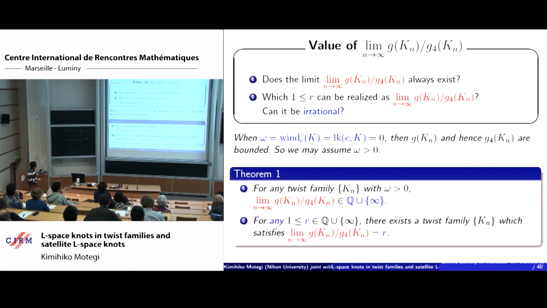And for the second, for any rational number R greater than or equal to 1, there exists a twist family Kn for which the limit of the ratio tends to the given rational number R. To prove the first result, we need to describe both the Seifert genus of Kn and the slice genus of Kn for sufficiently large n. To prove the second, we construct concrete examples which satisfy the desired property.